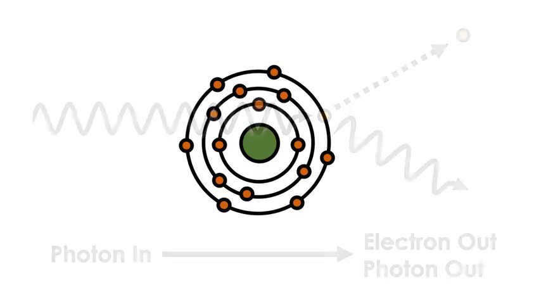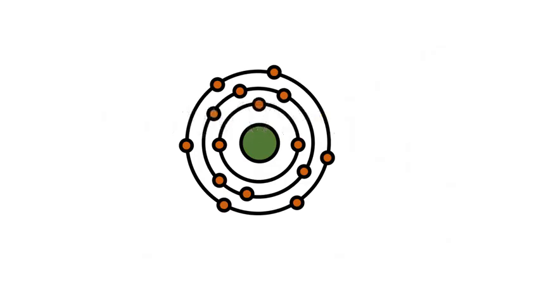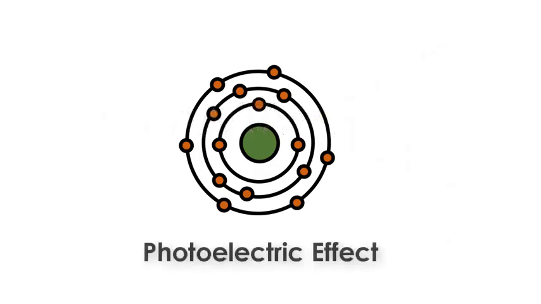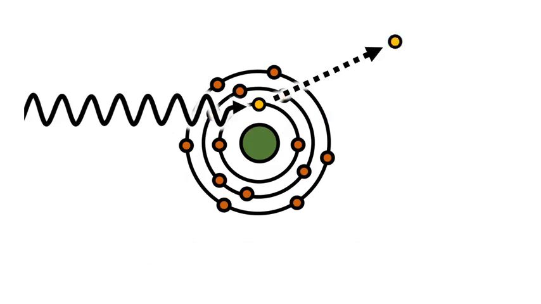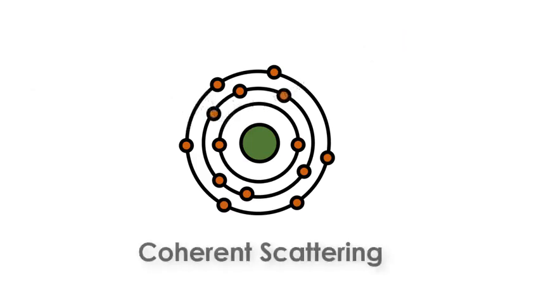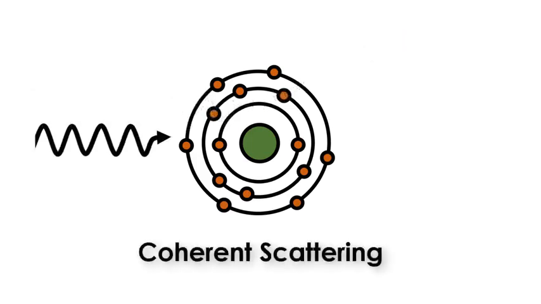Make sure and understand how Compton scattering is different from the other interactions. With photoelectric effect, this interaction takes place in an inner shell electron, and it results in only an ionized electron. There's no scattered photon. Coherent scattering is also different. This occurs when the incident photon interacts with the entire atom.